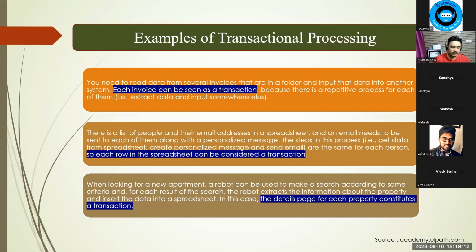For example, you are writing an automation where you have to process a lot of invoices. I have a folder. In that folder, I have got 50 invoices. Now, what is the transaction? Each invoice will now be one transaction. I am writing an automation to resolve ServiceNow tickets, and I have got 100 ServiceNow tickets to resolve.